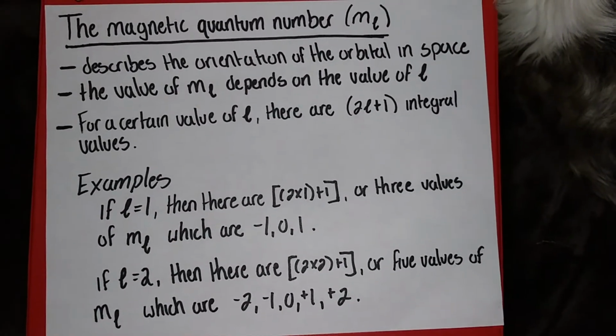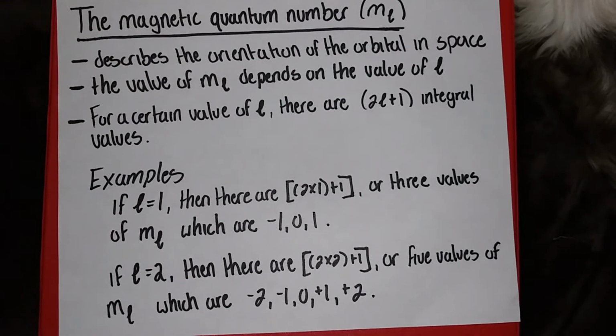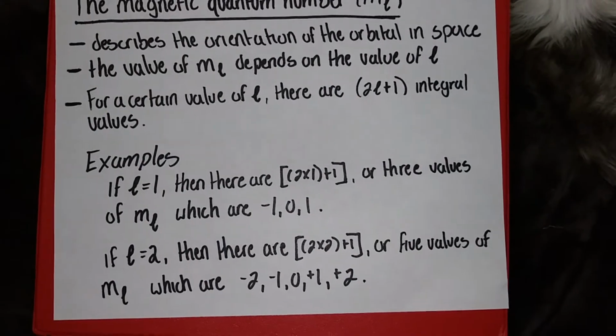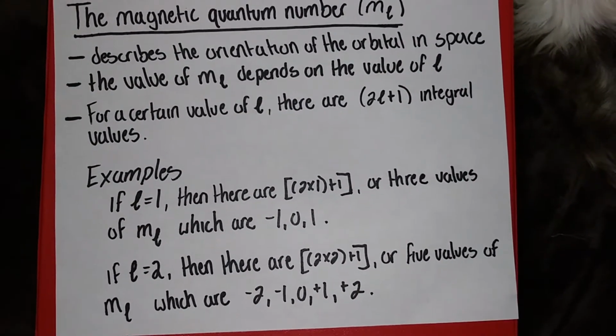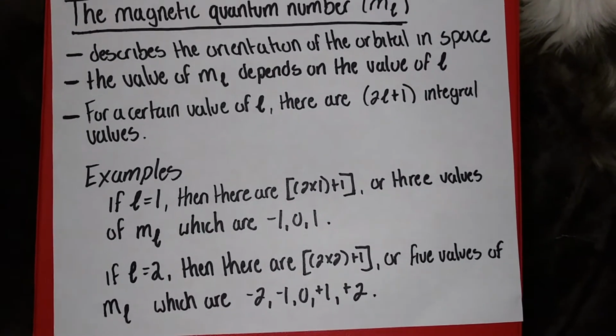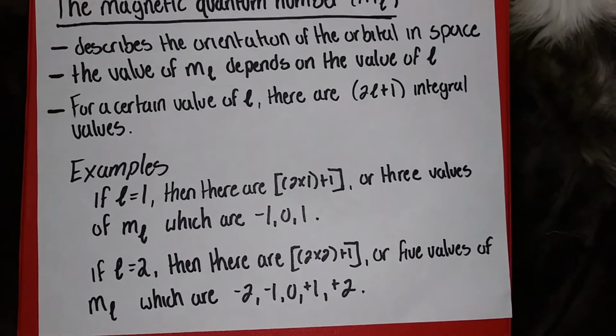For a certain value of l, there are 2l plus 1 integral values. For example, if l equals 1, then there are 2 times 1 plus 1, or 3 values of ml, which are -1, 0, and 1.